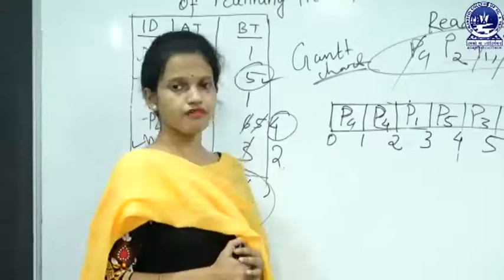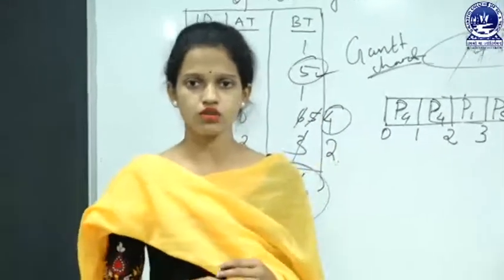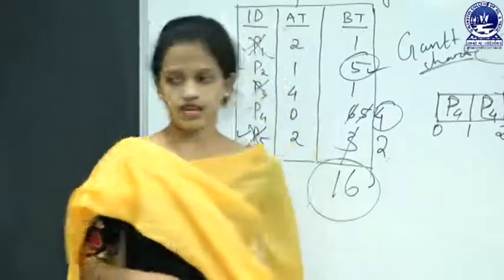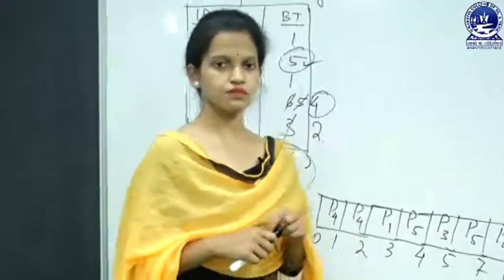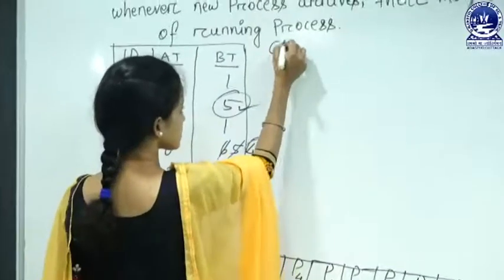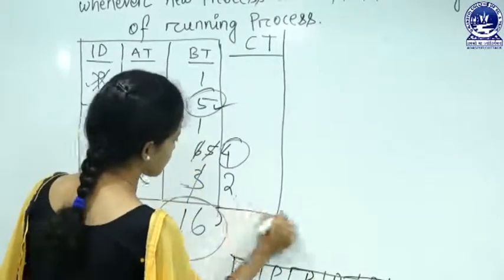So let us find the turnaround time, average waiting time, average turnaround time, response time, and all of that. Let's start. First we have to find the completion time. What is the completion time of P1?